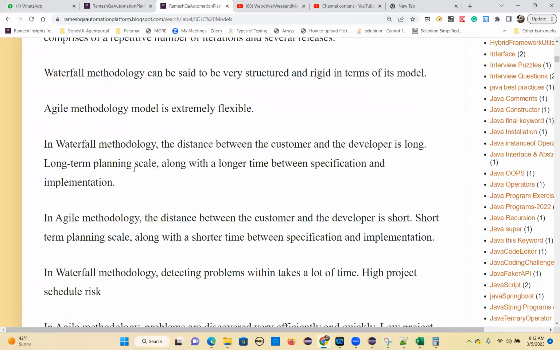In waterfall methodology, the distance between the customer and the developer is too long, and the customer doesn't know what is happening. He doesn't know.